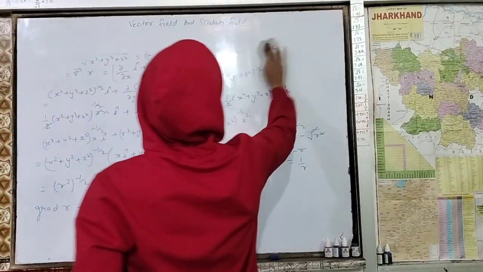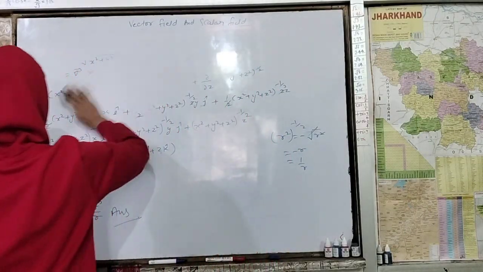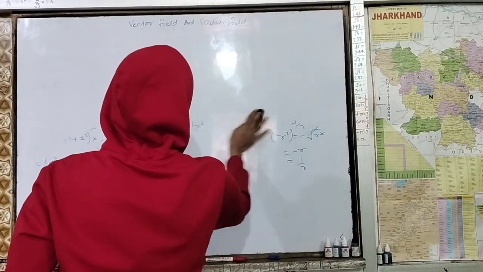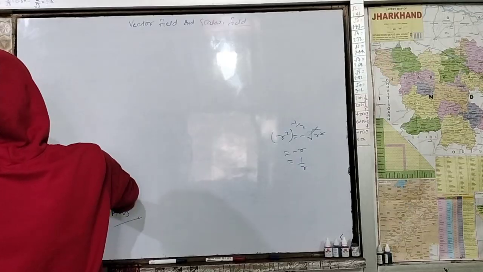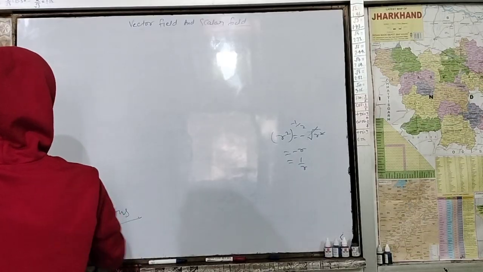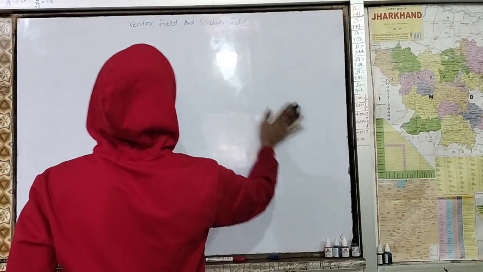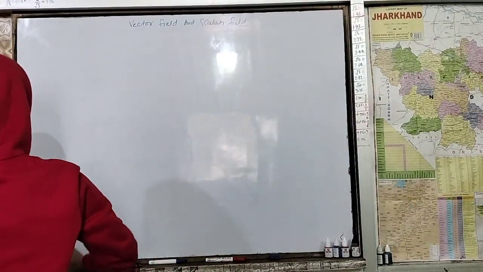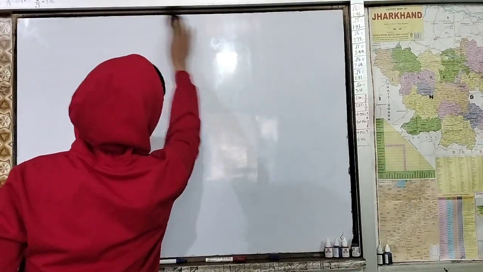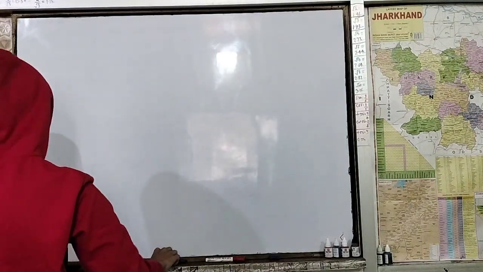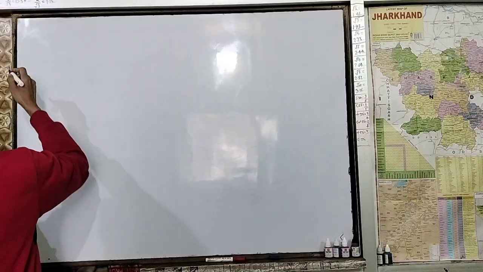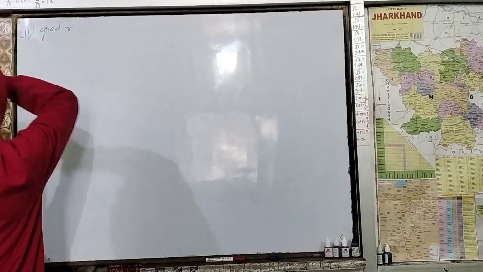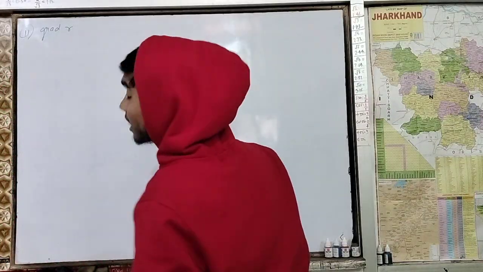Second question, grad r. Remember, r is a position vector.